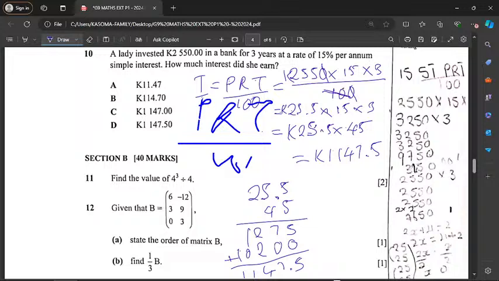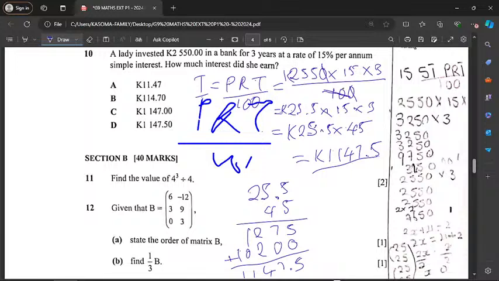Okay, if you have gotten confused, please you can ask in the comment section. I'll still clarify it. So the correct answer is this one. Okay, that is the correct answer. If you have got questions, please you can ask in the comment section. Otherwise, basically that's how you do this. Okay, without any confusion or distractions, we can now go ahead to the next question.